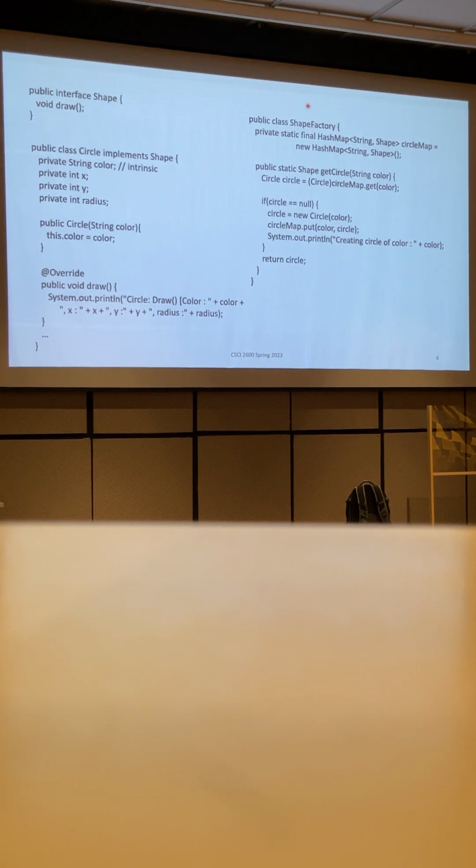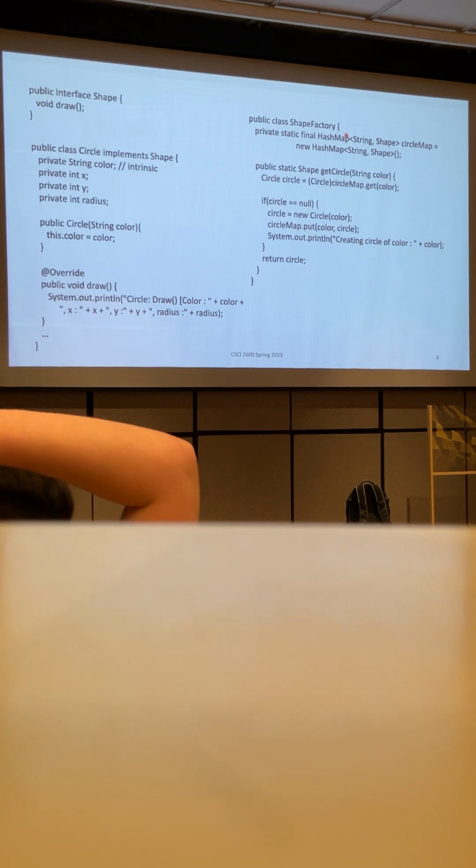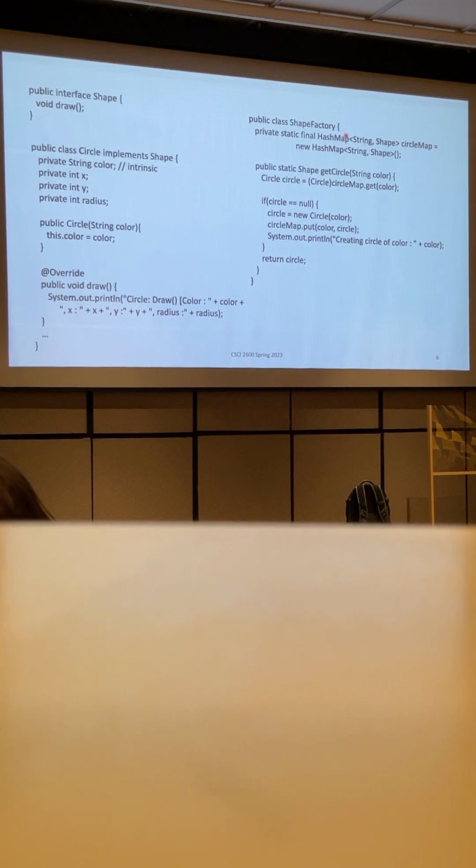And here is the shape factory that allows us to produce those circles of the specified color. So we keep all our interned circles in this circle map, a hash map. And whenever the user asks for a circle object, they specify the color.